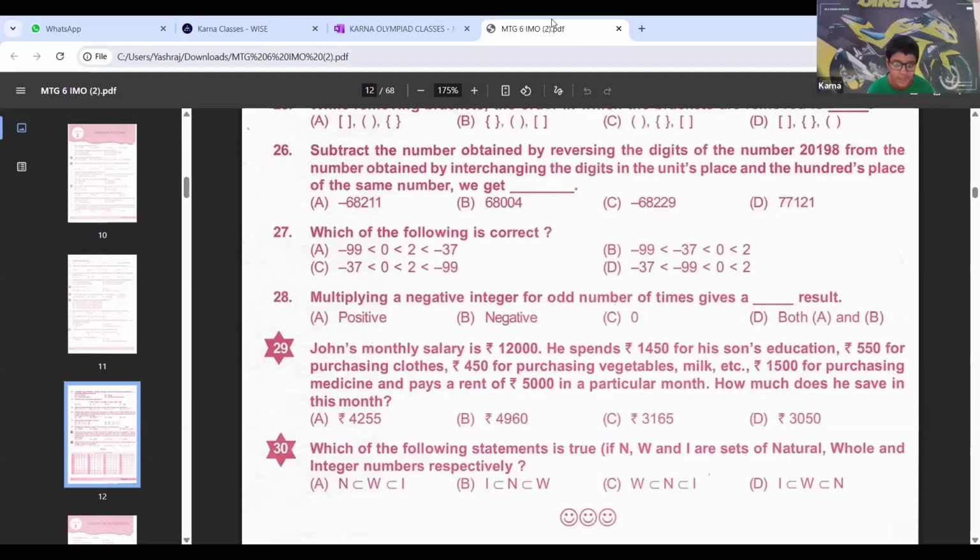Ma'am, how many times? Odd number of times. It can be 3, 5, 7, anything odd. This is simple, right? Negative, because negative into negative is positive, then positive into negative is negative. So if we took an even number of times, then that will be positive.